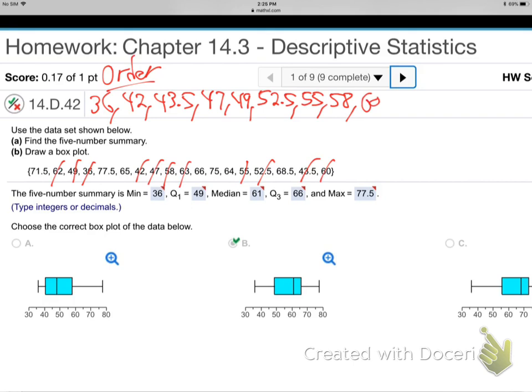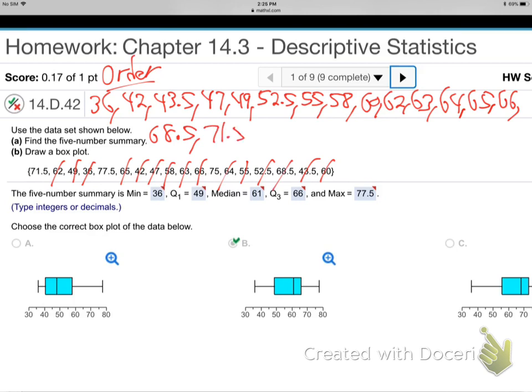Oh, thank you. 60, 62, 63, 64, 66. No, 64, 65, 66. 68.5. What's missing? So 71.5, 75, and 77.5. Looks like I got them all.